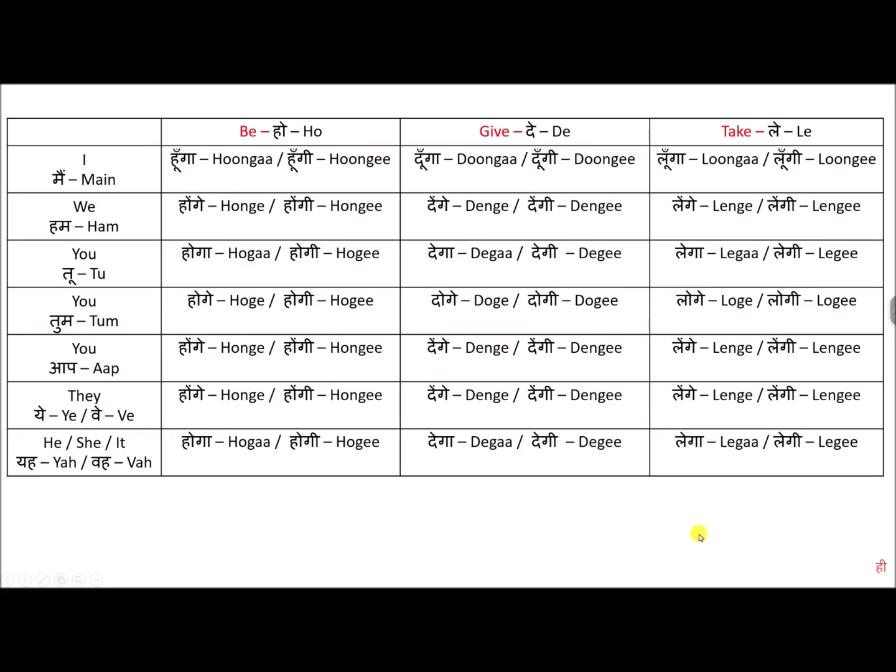All right, yes. Next, let us learn about adding the suffixes. Now this is required only if you want to write in Hindi. Okay, let me take few verbs and explain you. Eat is kha.